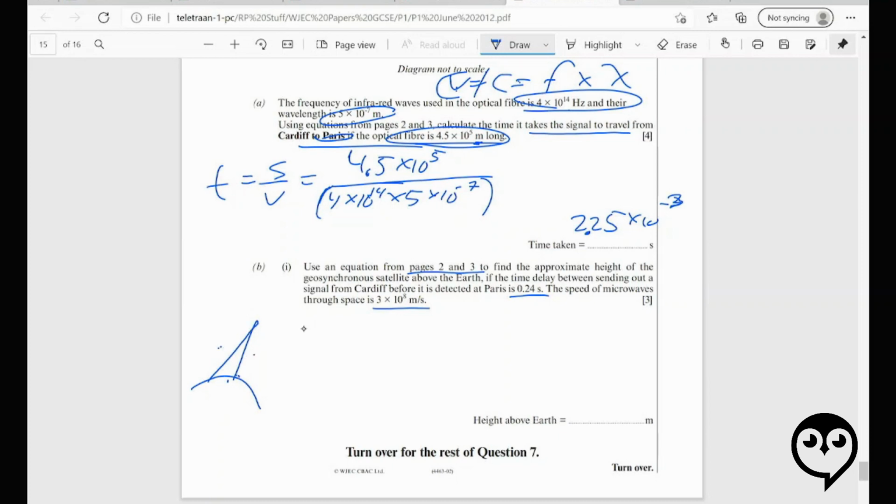So whatever our distance is, velocity times time, again, it's that echo thing. We're going to divide by 2, aren't we? So I think we plug in the numbers here. The distance that I get is 36 million, or 3.6 times 10 to the 7 meters. That's the height above Earth.